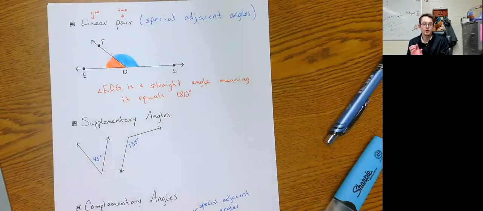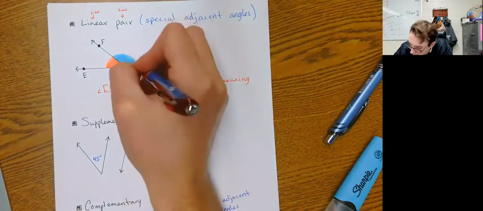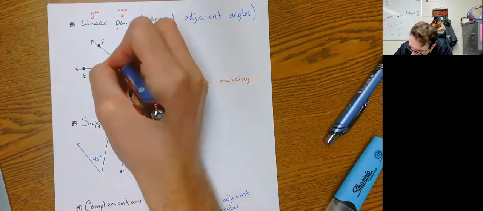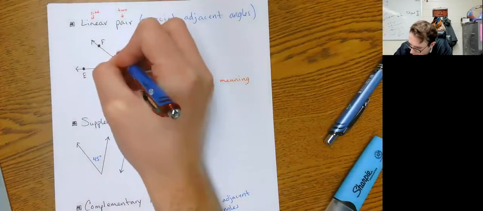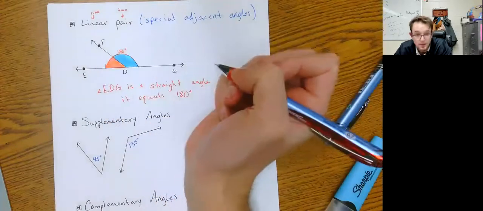So straight angles are 180 degrees, and a linear pair forms a line, which creates a straight angle, which means it is therefore 180 degrees. So from here all the way to here, we have a 180-degree angle.